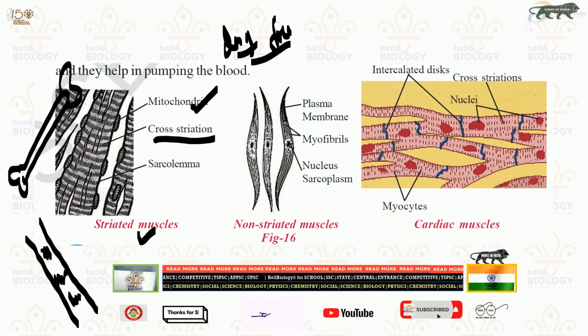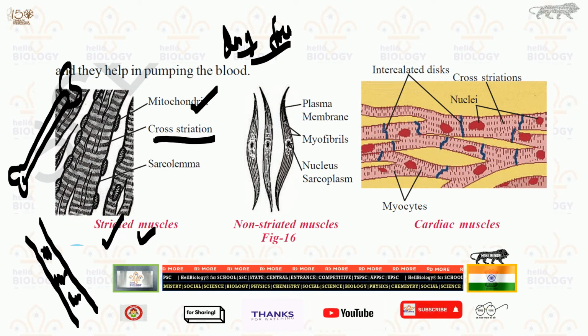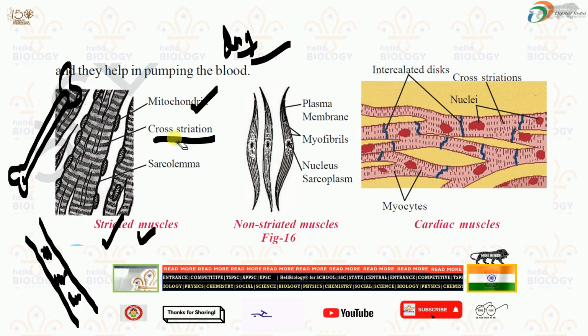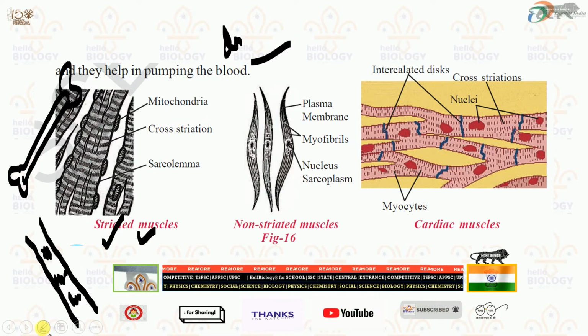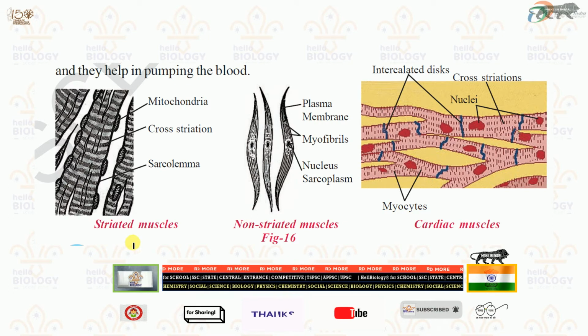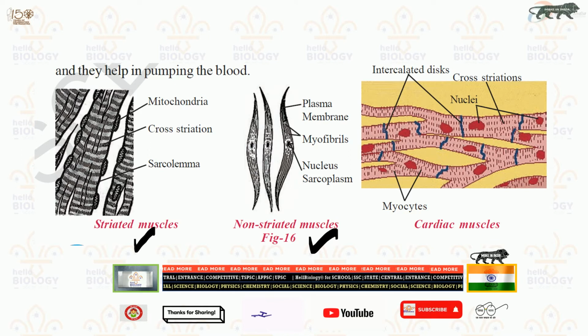From childhood, these muscular tissues help with different kinds of movements: walking, crawling, climbing, running, jogging, these kinds of work. And the first two types of muscular tissues are different. One is striated muscular tissue, the other is non-striated muscular tissue.